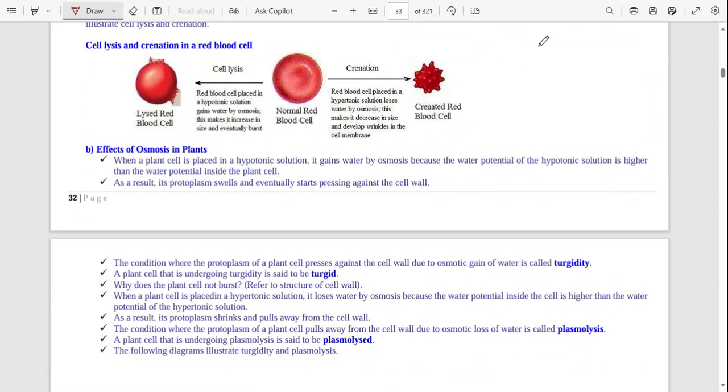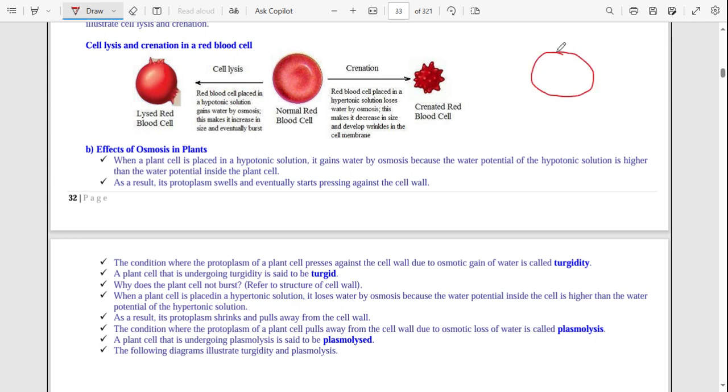Now, let's say we have got a solution. Say we have got a cell. This is a cell here. This cell has got its own water potential.